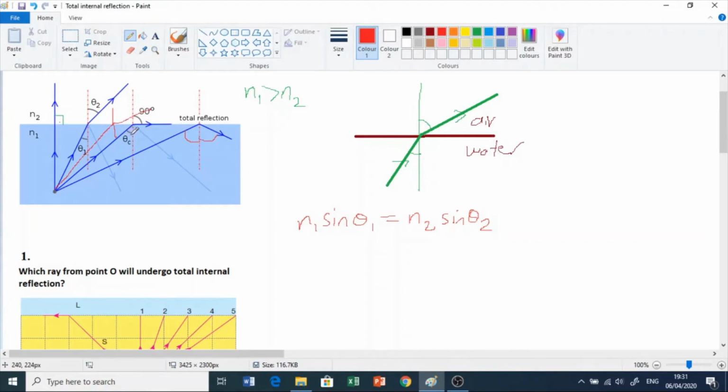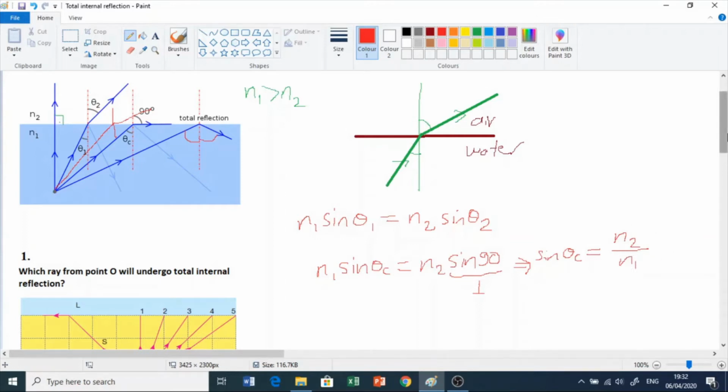When the angle of incidence is equal to the critical angle, n1 sine theta critical equals n2 sine 90 degrees, because when the angle of incidence is equal to the critical angle, the refracted light has an angle of refraction of 90 degrees. We know that sine 90 is equal to 1. So from here, we can write that sine theta critical equals n2 divided by n1.